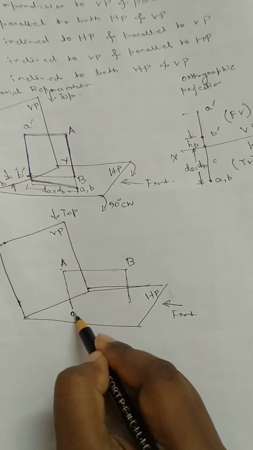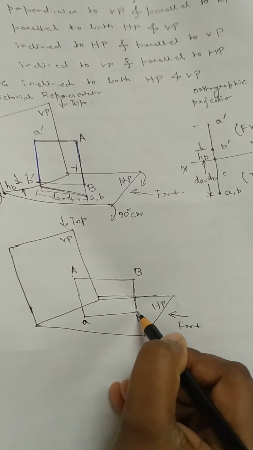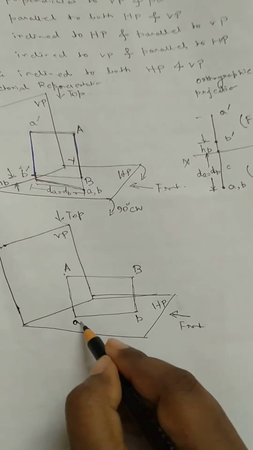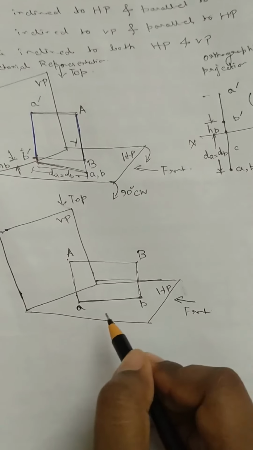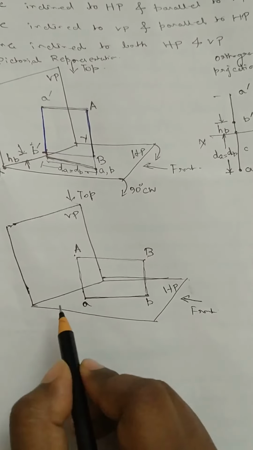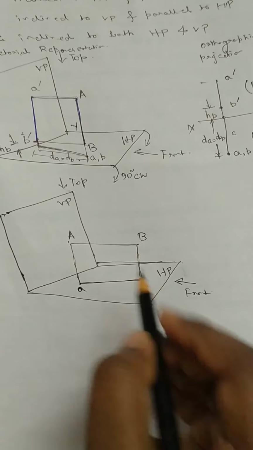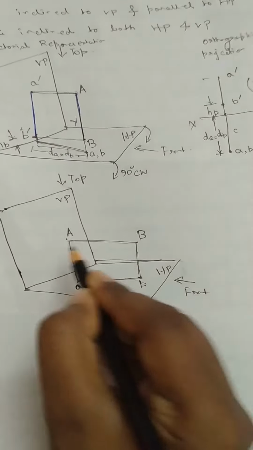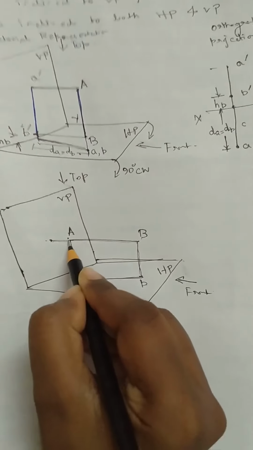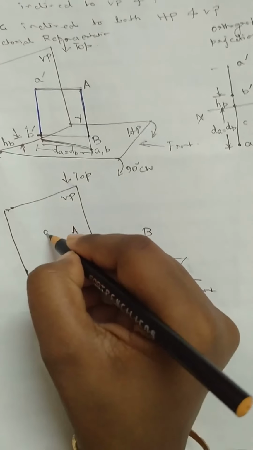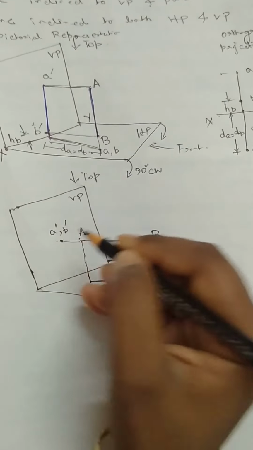So this will be your A point and this will be your B point. Now I am going to join this line. This is your AB line. Now again, if we see from front, we will see just a point on VP plane. This will be your A dash, B dash.